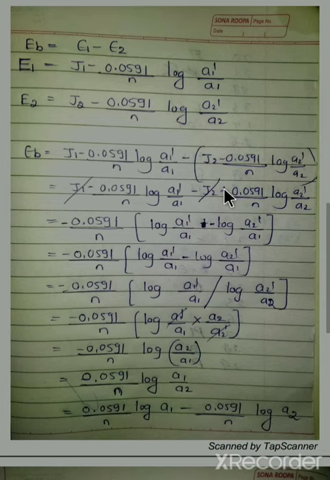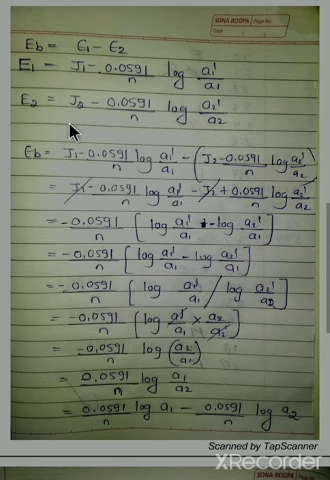Now simplify. You open the bracket, so you have J1 minus 0.0591 by N log of A1 dash divided by A1, minus J2. This minus and this minus give a positive, so plus 0.0591 by N log of A2 dash divided by A2.